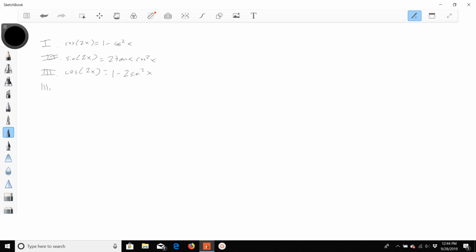And the fourth one, I should have just done numbers instead of Roman numerals. Fourth one is tangent of x is equal to the square root of secant of x minus 1.